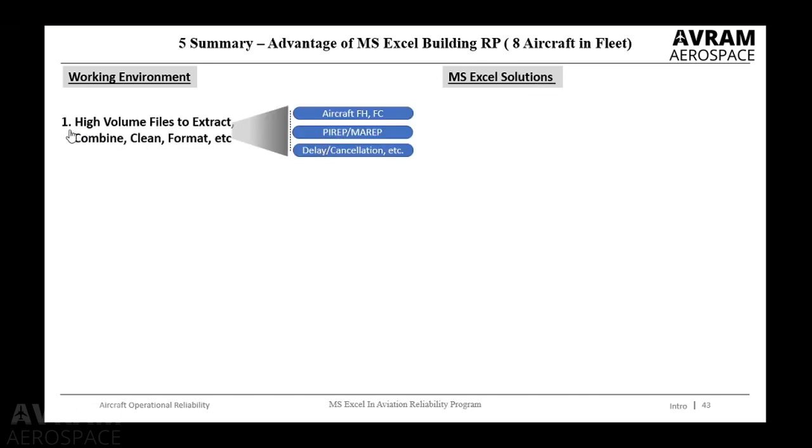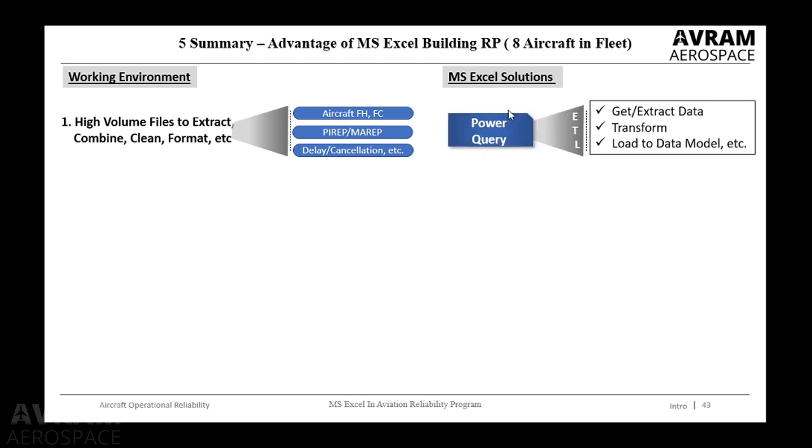Number 1, high volume files to extract, combine, clean, format. For example, aircraft flight hours, flight cycles, PIREPs, MIREPs, delays, cancellations, etc. Excel solution: Power Query, extract data, transform data, load data.